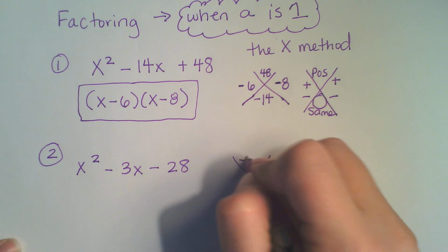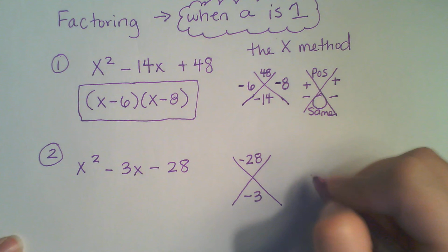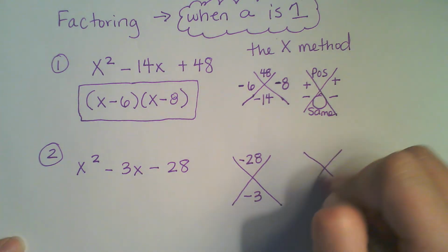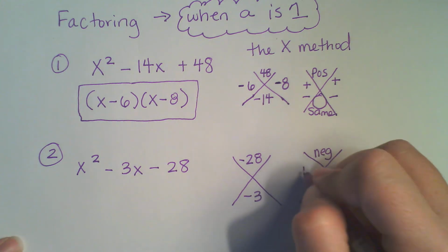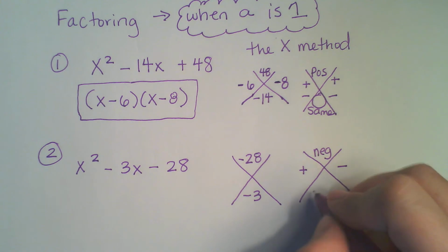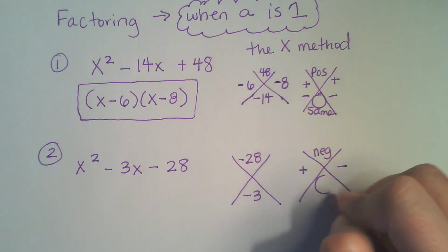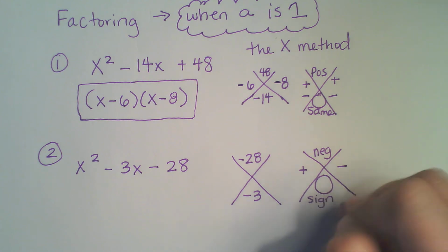So we'll look for factors of negative 28 that add to negative 3. As a reminder, when we have a negative on top, we're going to have opposite signs. And whatever sign is down here is going to be the sign of the bigger number.